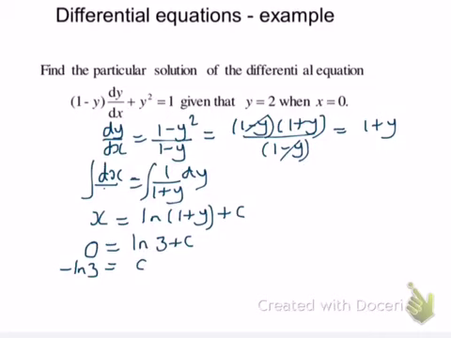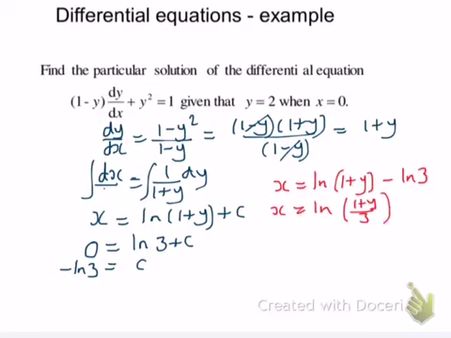Right, so now I can write my function for x. I can now say that x equals ln(1 + y) minus ln 3, and using my log laws, ln of (1 + y) over 3, and that means that e to the x is equal to (1 + y) over 3.